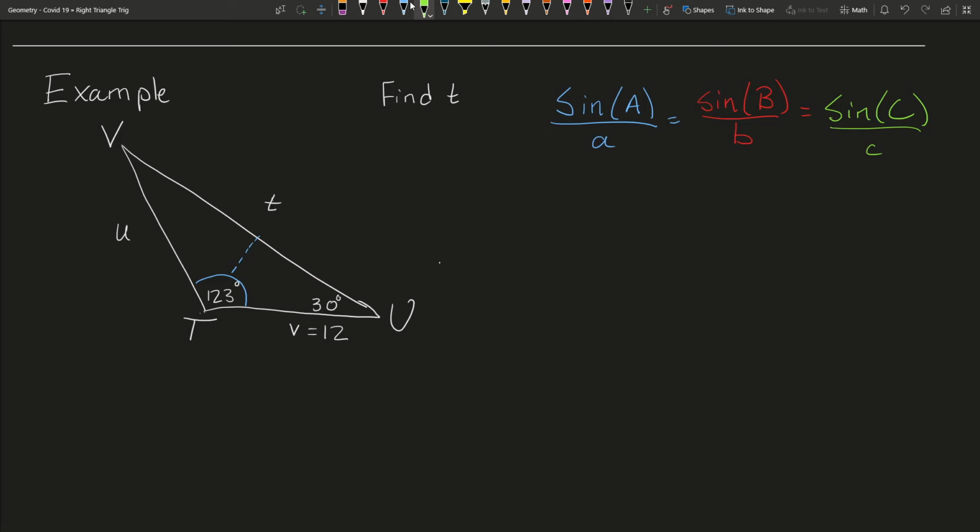This angle U is opposite this side U. And this angle V is opposite that side V.